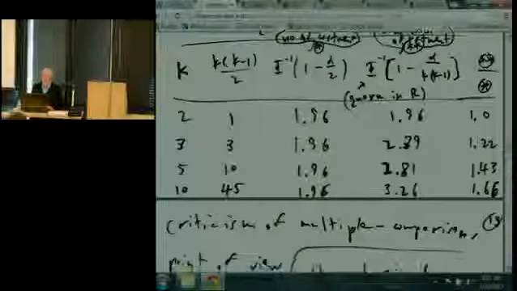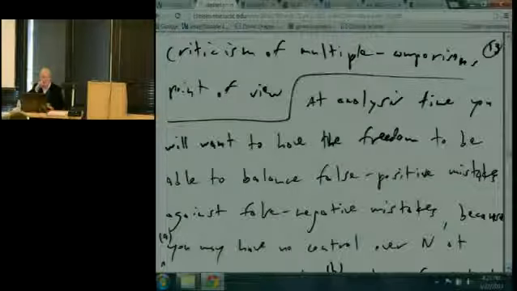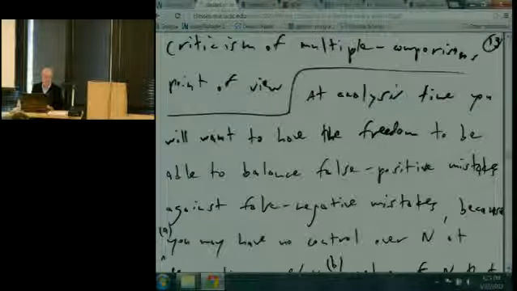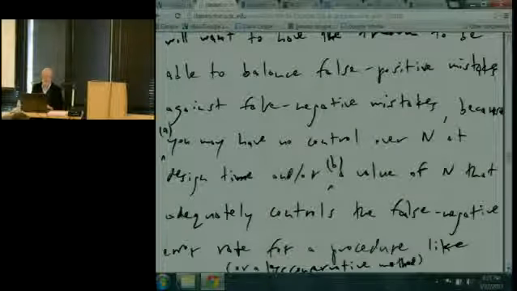Now I'd like to make a criticism of this point of view as follows. At analysis time, you will want to have the freedom to be able to balance false positive mistakes against false negative mistakes. And there are 2 reasons for that. You may have had no control over capital N, the total sample size, at design time.